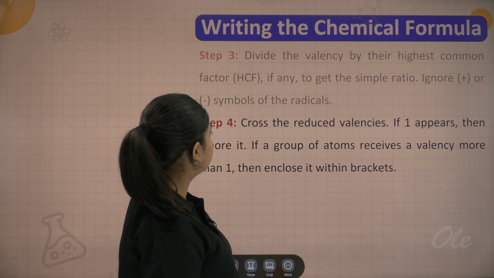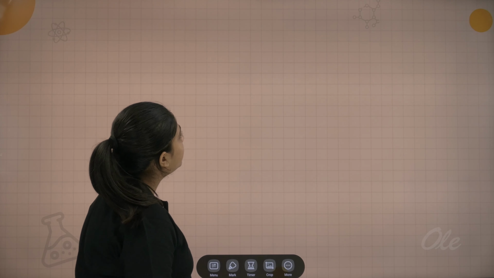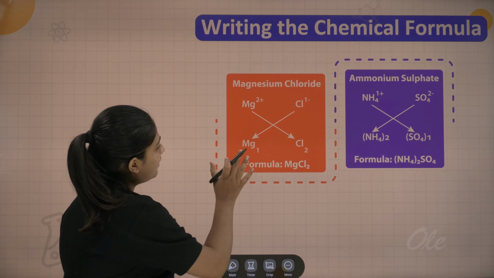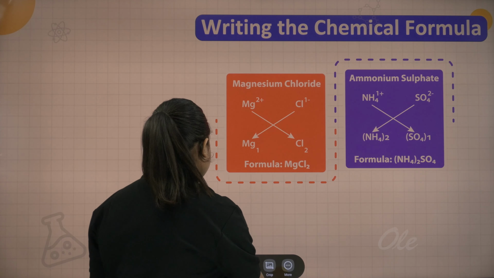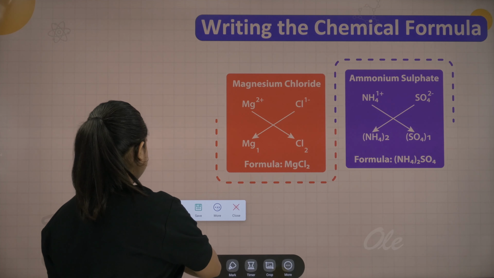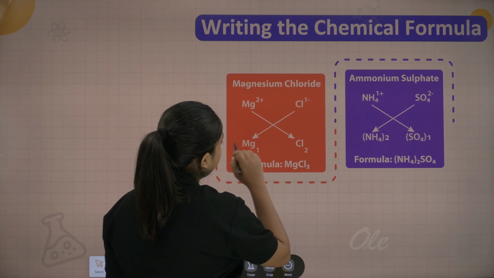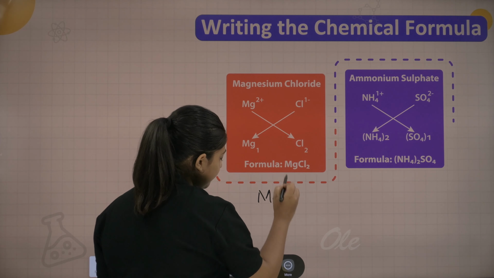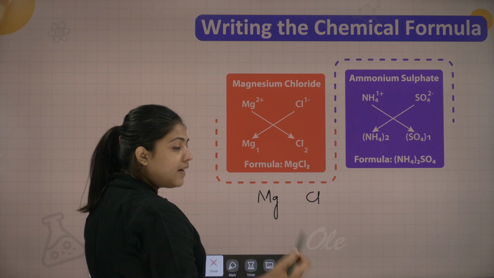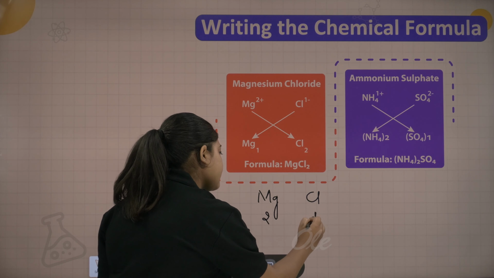Next, for example, magnesium chloride and ammonium sulfate. So, magnesium chloride: you will write magnesium like this, chlorine like this. The valency of magnesium is 2, chlorine is 1.